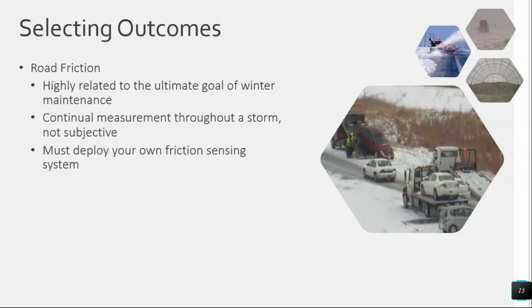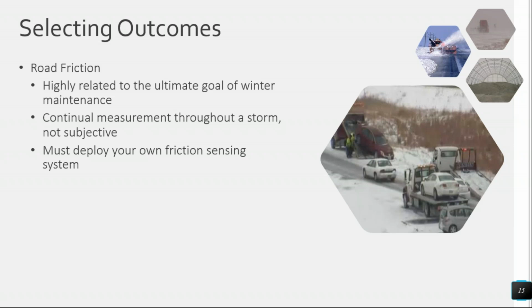The final one that I'm going to give you an example of is road friction. And this one, like traffic speed, is highly related to the ultimate goal of your winter operations, because it literally says whether the road is slippery or not, or how slippery it is. And so it's highly related to how well you're doing, and it's a continual measurement oftentimes, not subjective.